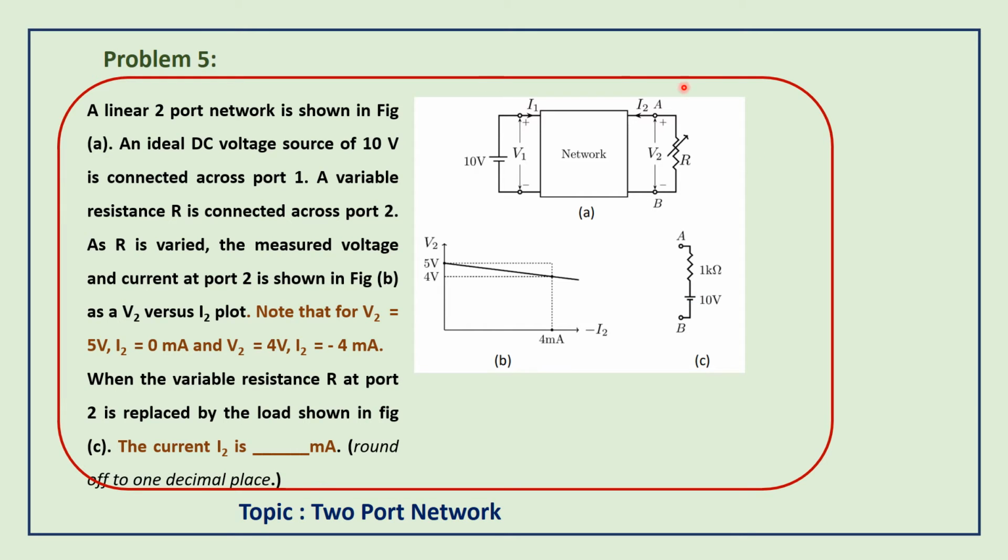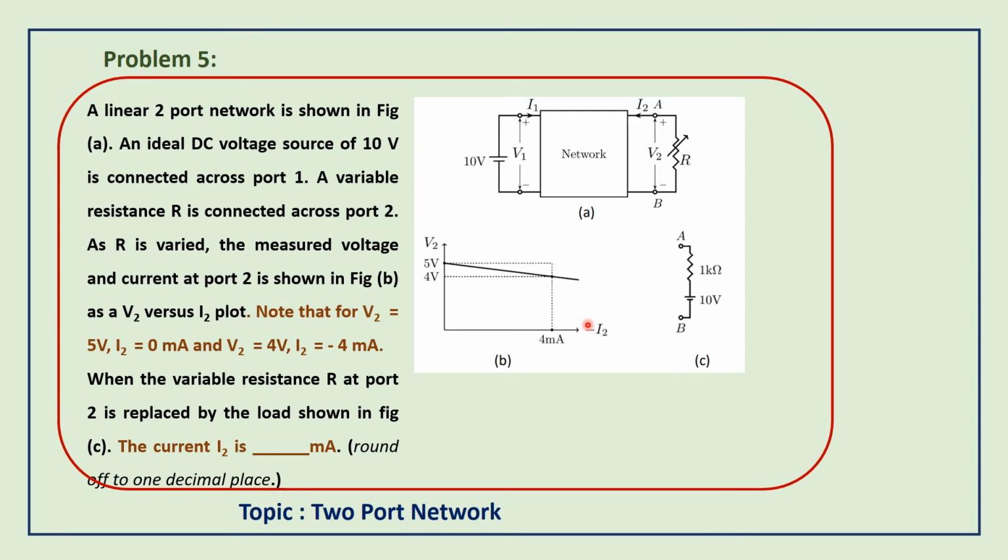So here a two-port network is given. In the input port, port 1, V1 of 10 volt is given, and at the output port, port 2, a variable resistance is connected across the terminals. For this, a graphical plot is given, V2 versus I2 plot.